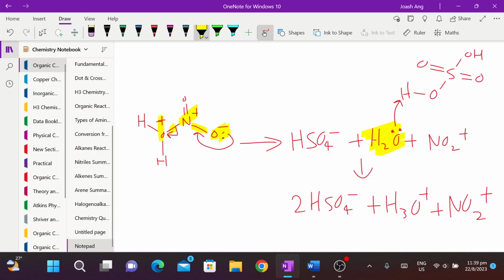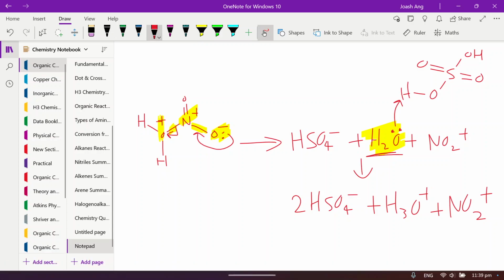Most people, if they couldn't remember the first step equation, will often forget to protonate this H2O. So you just remember that concentrated H2SO4 is a very strong acid.